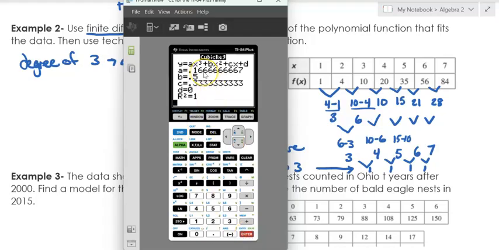All right, here's our equation, which has this 0.1666 repeating, 0.5 is B, and 0.3 repeating is C, and D is 0. Here's the format right here that we plug those into. And our R squared value is 1, which means it's a perfect fit.